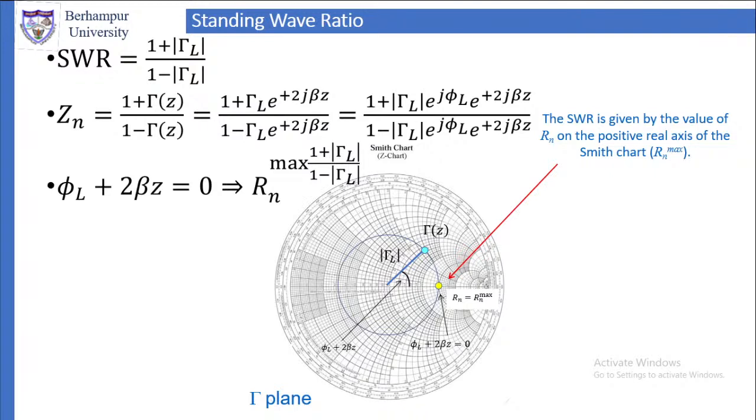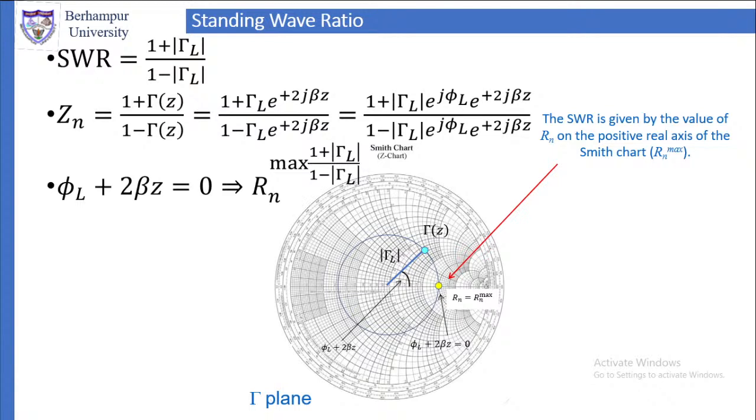That we write as 1 plus gamma L exponential 2j beta z by 1 minus gamma L exponential 2j beta z. That we can write as 1 plus absolute gamma L into exponential j phi L into exponential j2 beta z by 1 minus absolute gamma L into exponential j phi L into exponential 2j beta z.